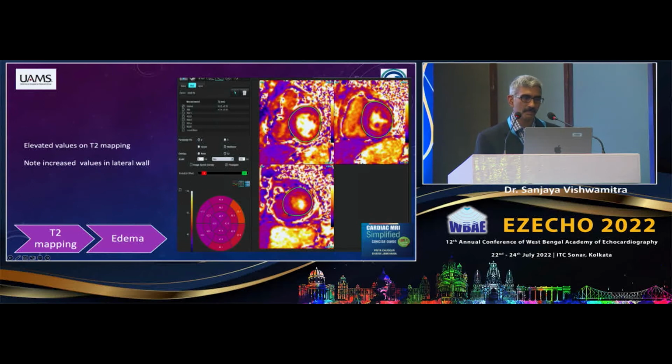When you do an edema protocol, you can see that there is edema along the lateral wall, though there is patchy fibrosis seen diffusely. So we have a patient who has relatively normal contractility, no evidence of any perfusion defects, and basically came in with chest pain, with both edema, which is some form of myocarditis, and also some forms of fibrosis occurring in the septal wall.